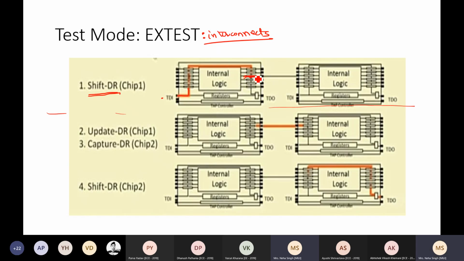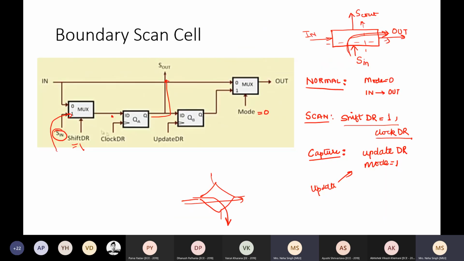Now, I will pass on this scan in value of the scan cell towards the output, the third mode. The scan in that I am getting from the scan cell, I need to pass it to out.